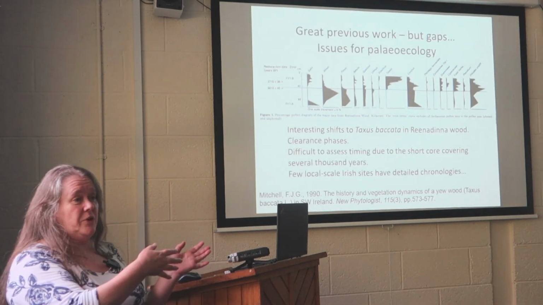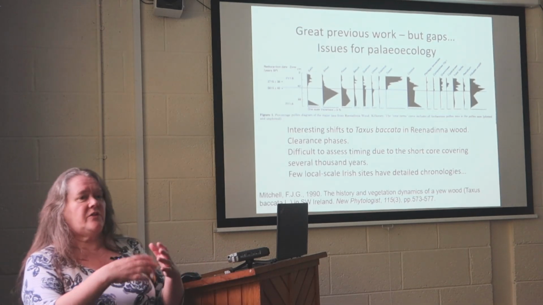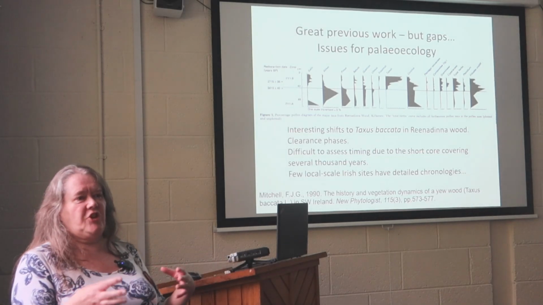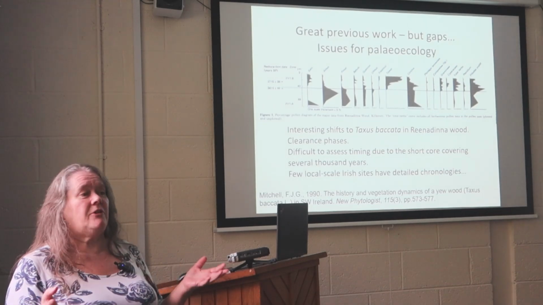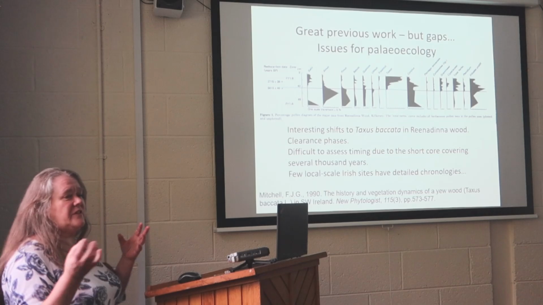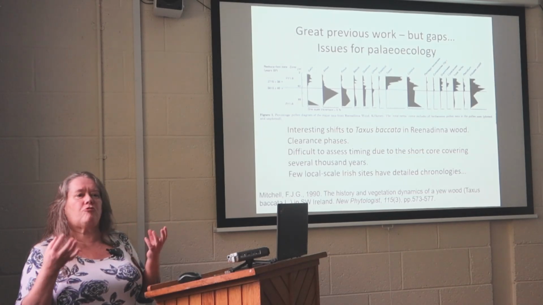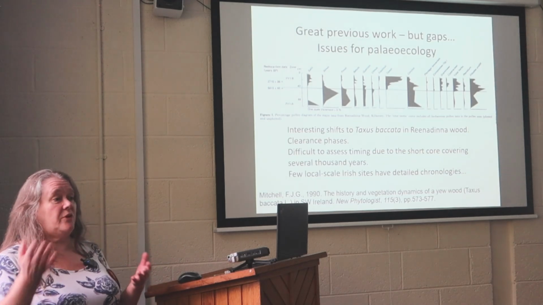We can go back to previous changes in climate and have a look at those. And we're going to be in a position where land use is changing, the impacts of people are changing on these environments as well. If we go back into the past, we can see various different management conditions as well. So we can piece things together in a way that gives us a greater understanding of these woodlands and their temporal processes.